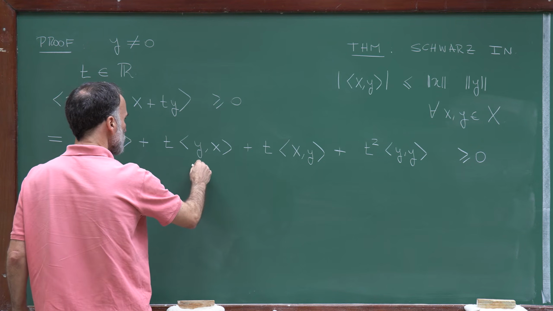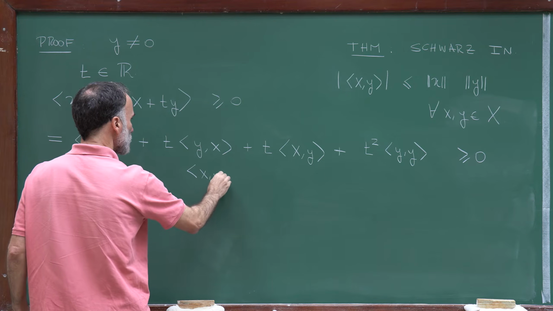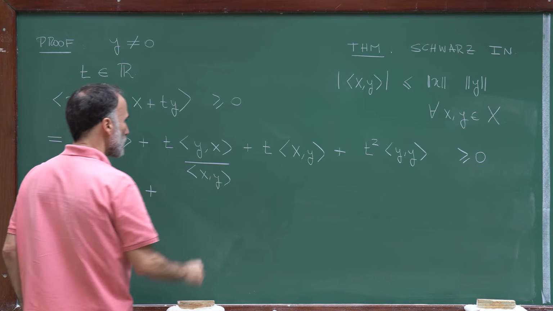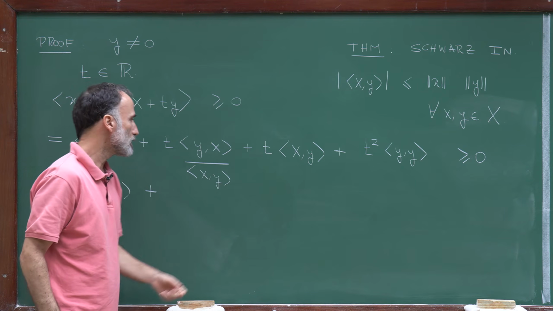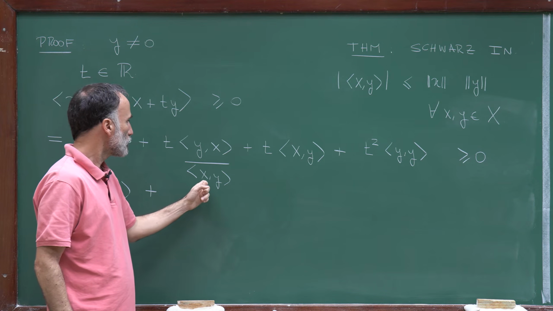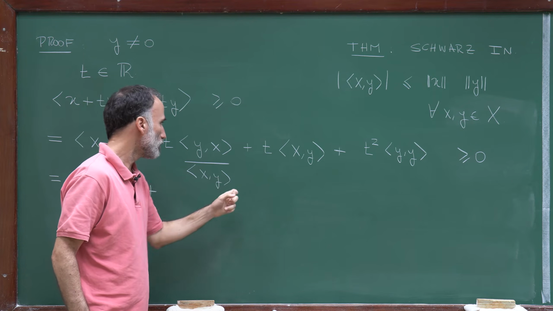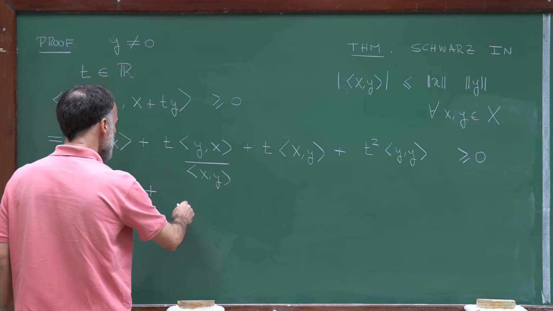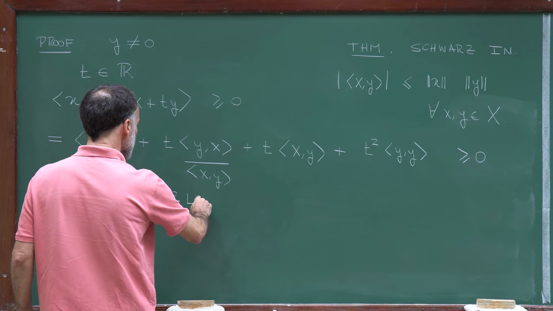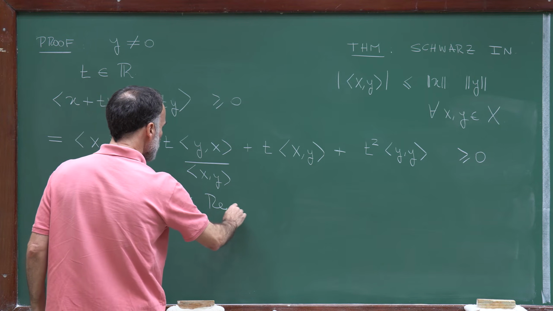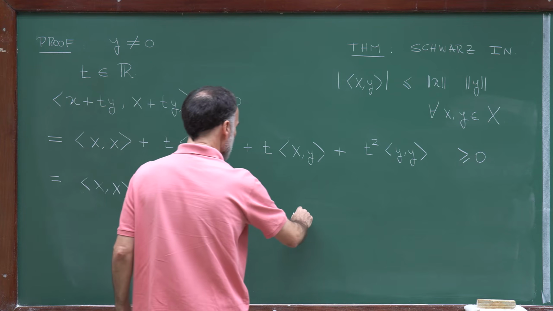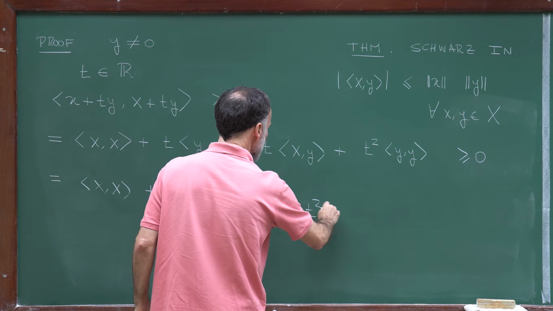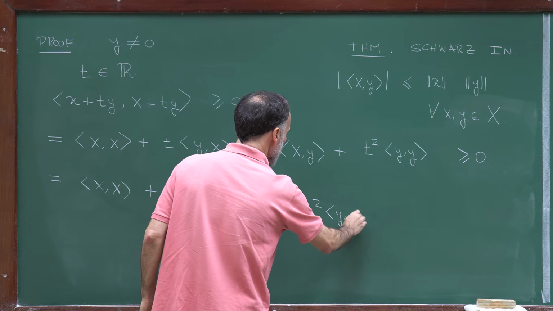When you sum this with that, what you get is 2 times the real part of xy. So this is equal to 2 times t, the real part of xy, plus t squared yy.